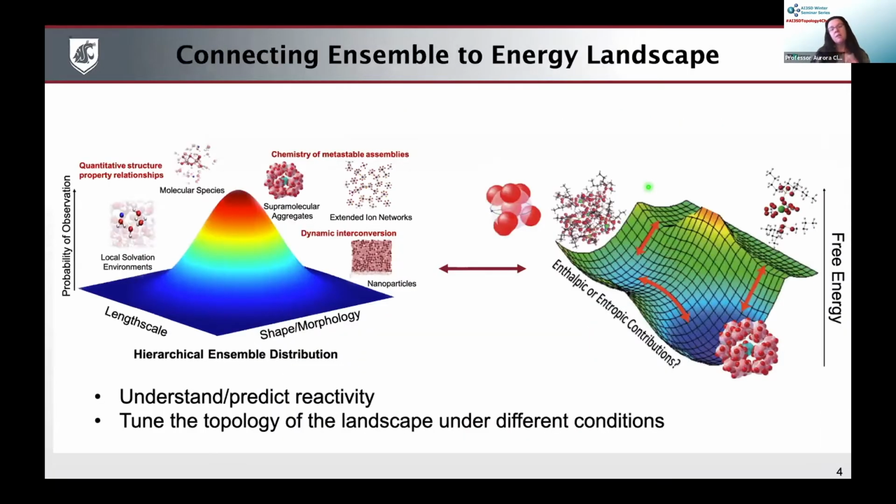Another important thing to recognize broadly, and I think chemists have a really good notion of this, but it's something we often take for granted, is that the ensemble of all of the molecular species that we observe in a solution is directly related to the underlying potential energy landscape that we've already heard a little bit about in the previous two talks.